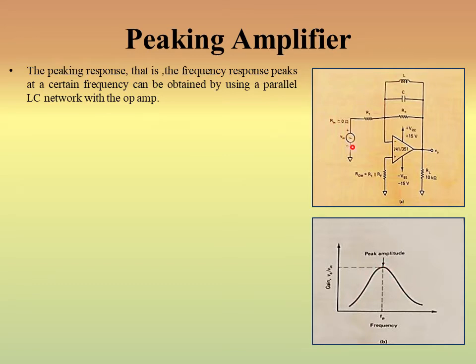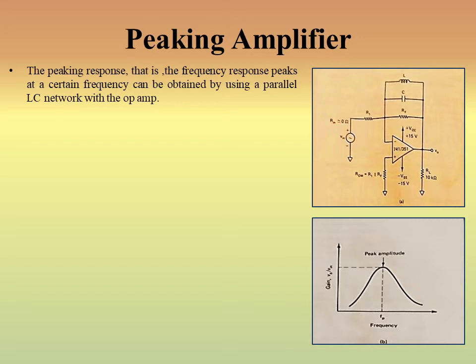And this circuit diagram is basically the peaking amplifier. Here you can see that we are providing input at the inverting end, and feedback is provided, and along with the feedback we have an LC parallel circuit combination connected in the feedback region.